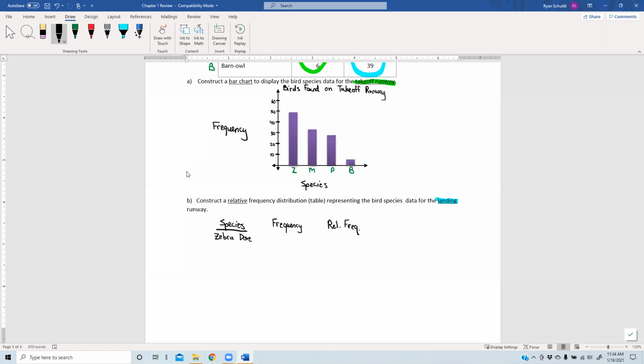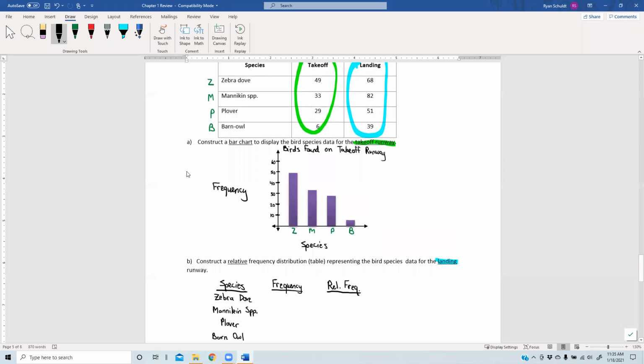We got the mannequin sparrow. We have the plover. And we have the barn owl. Okay, and then the frequencies, they come just straight from the table above.